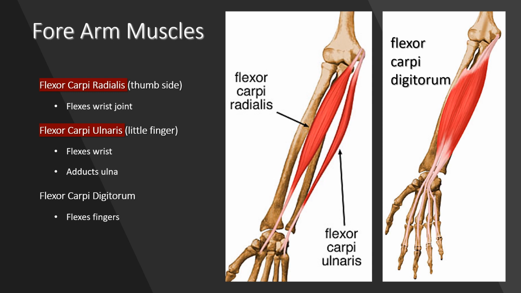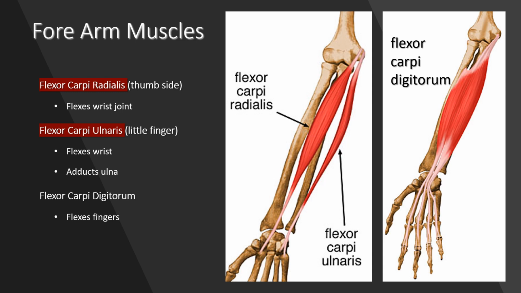So palm facing upwards, between the elbow and the hand, these are all your flexors. Now, carpi is Latin for carpal, and the only place you find your carpal bones is in the wrist. So whenever you're looking at a question in a test paper and you see carpi, that always means that this muscle is going to be in the wrist. It's either going to be a flexor on the forearm facing upwards, or it's going to be an extensor.